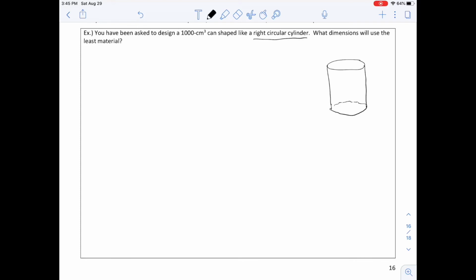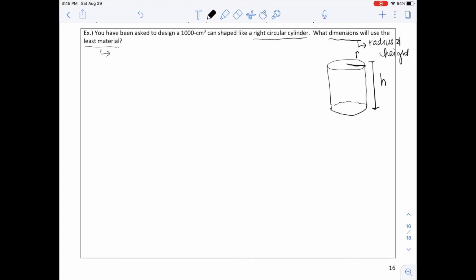So a right circular cylinder is just a Coke can, if you think of it that way. And so we have two dimensions that we talk about. First one is going to be radius, and the second one will be our height. And we're trying to use the least amount of material to make this can.